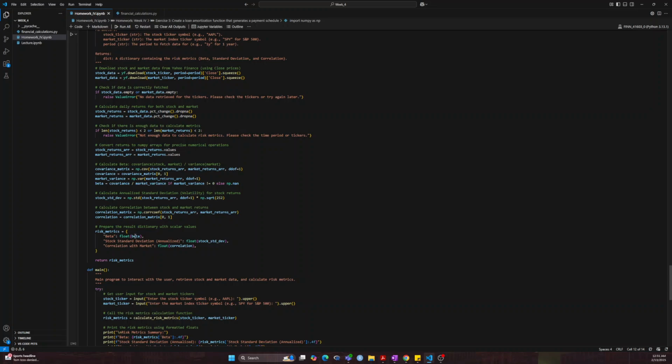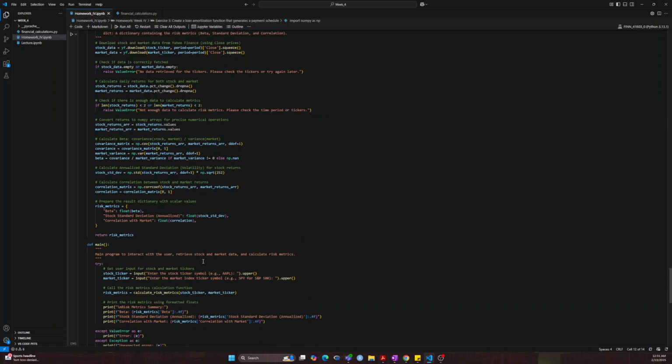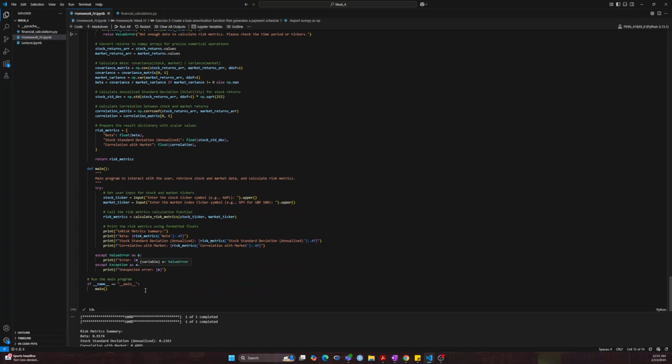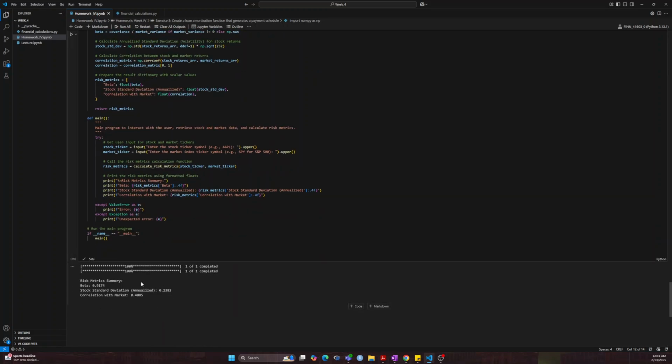And then here we prepare the result as a dictionary as indicated in the instructions. And then we have our main function that gets the two main inputs, like we said: the stock ticker symbol and the market index ticker symbol. Here we have a couple, SPY and S&P 500. All right, here's our output.